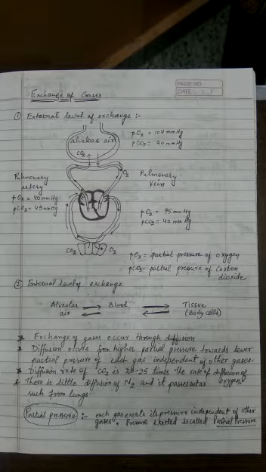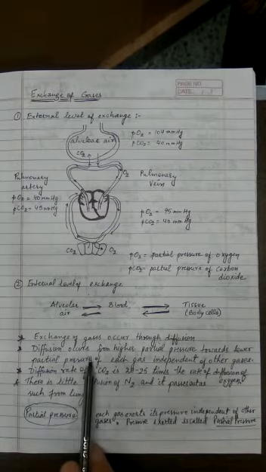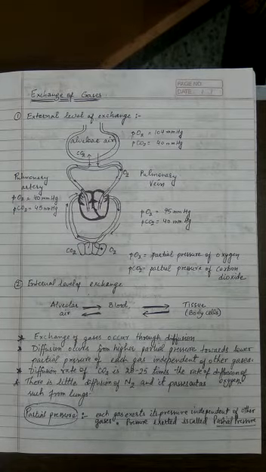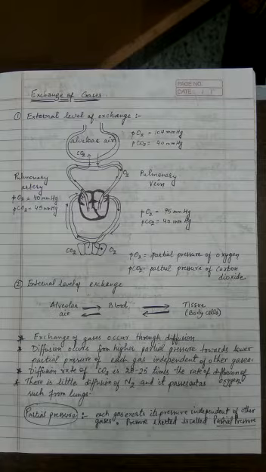So this exchange of gases occurs through diffusion, and diffusion occurs always from the higher partial pressure towards the lower partial pressure of each gas, independent of the other gases. The diffusion rate of carbon dioxide, remember, is 20 to 25 times faster than the rate of diffusion of oxygen.